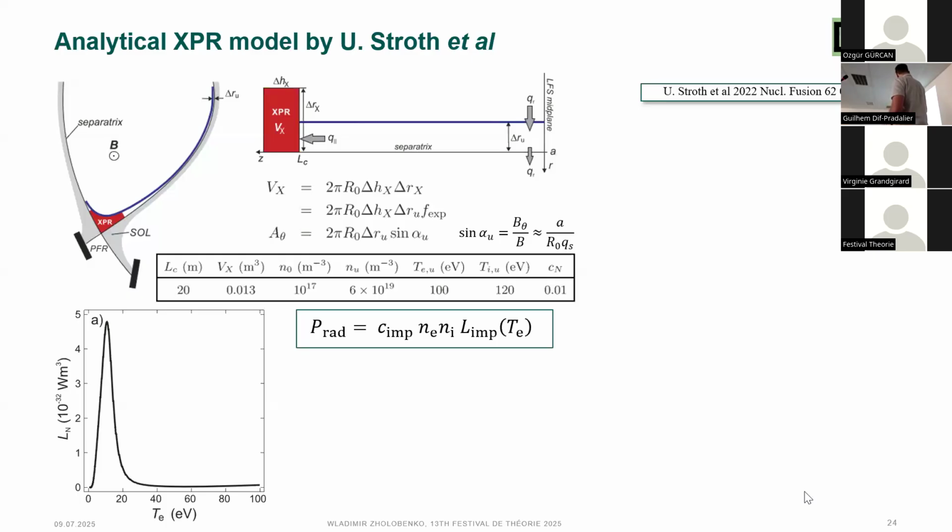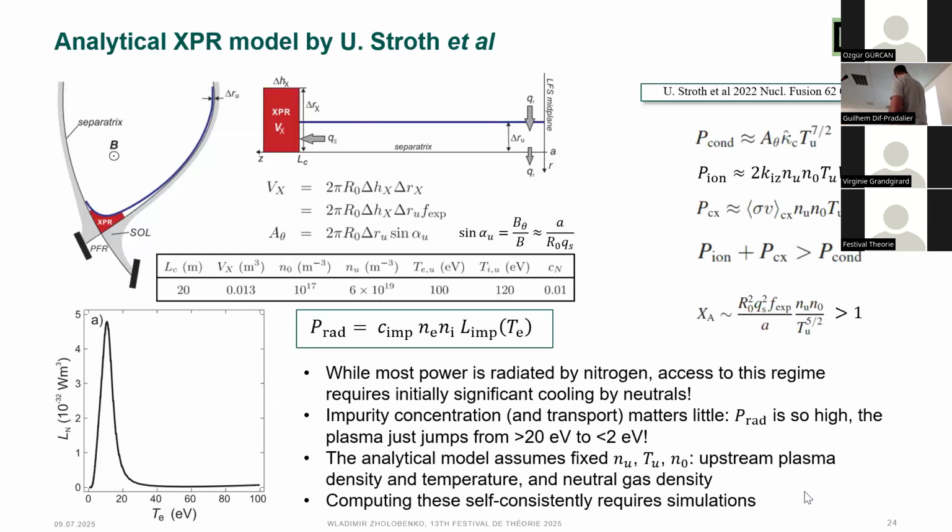But the important insight from this model and looking at the radiation rates is that in this window, the impurity radiation is so large that the impurity concentration doesn't matter. What happens in practice is as soon as the plasma gets to 20 electron volts, it radiates all the energy away and it just goes to 2 electron volts, below the threshold for impurity radiation.